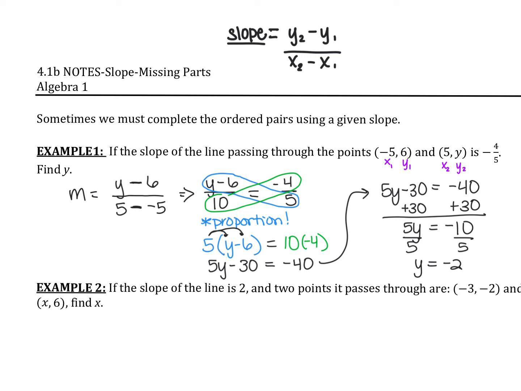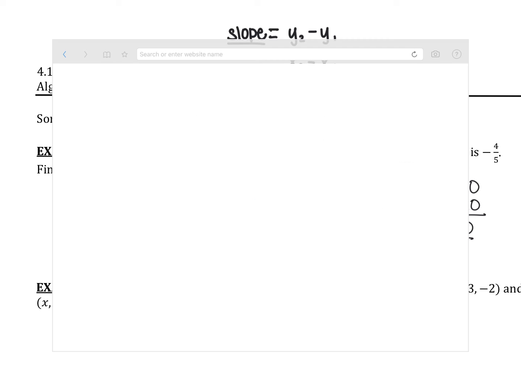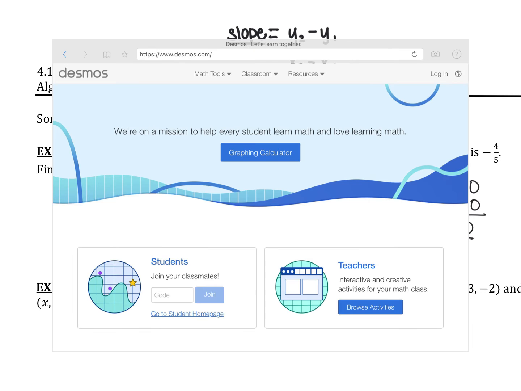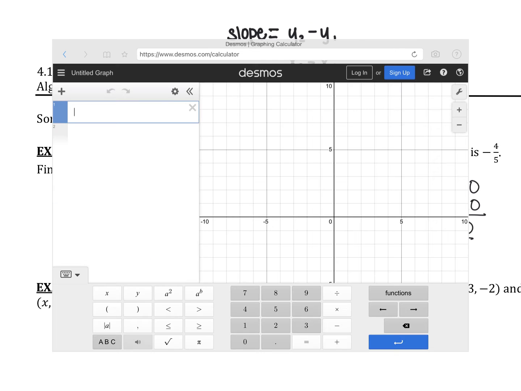So if the slope of the line that passes through those points is going to be negative 4/5, the y has to be negative 2. Okay, watch this. I'm going to bring in a graphing calculator. And what we're going to do is we're going to plot the 2 points. So the first point that was given was the ordered pair negative 5, comma 6.